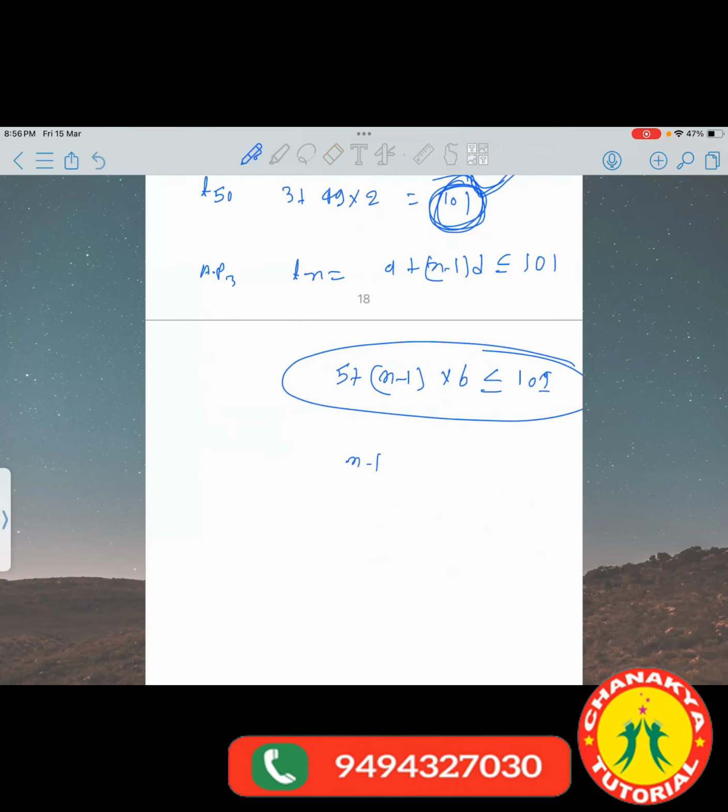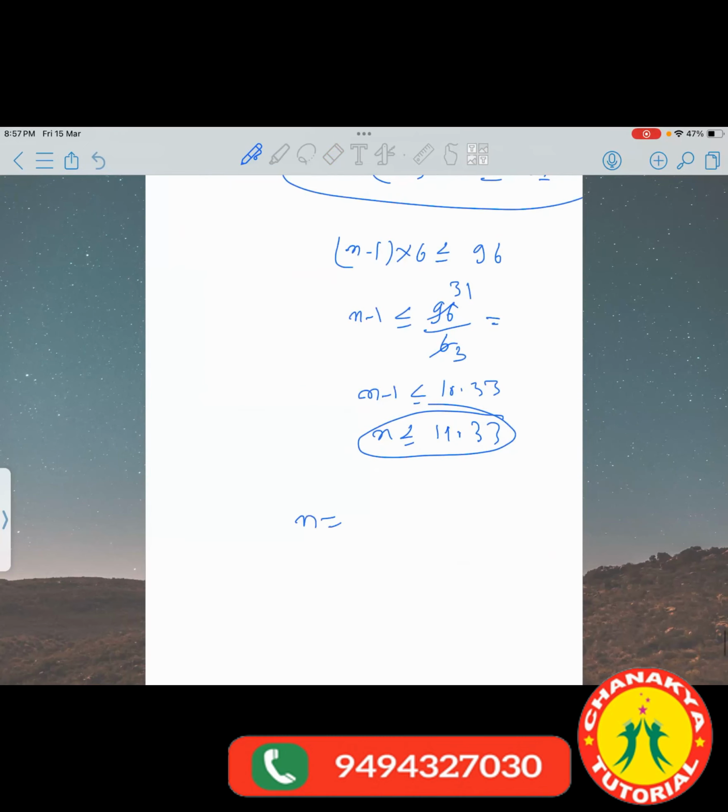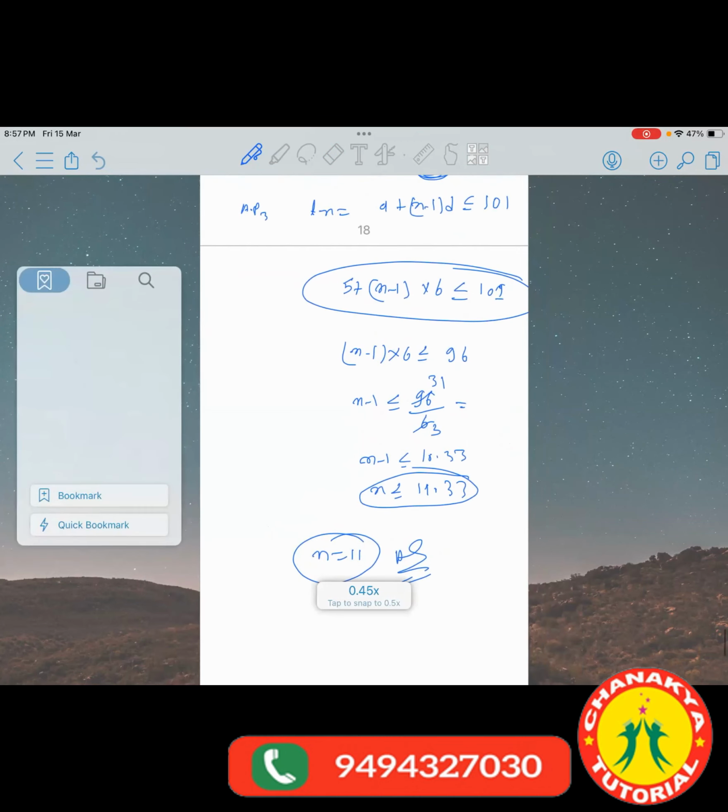So n minus 1 into 6 is less than or equal to 96, so n minus 1 is less than or equal to 96 by 6, approximately 10 point something. So n is less than or equal to 11.33.